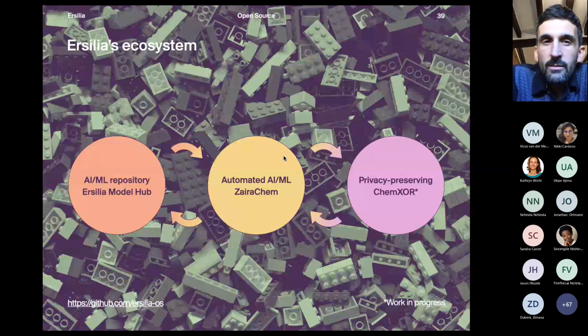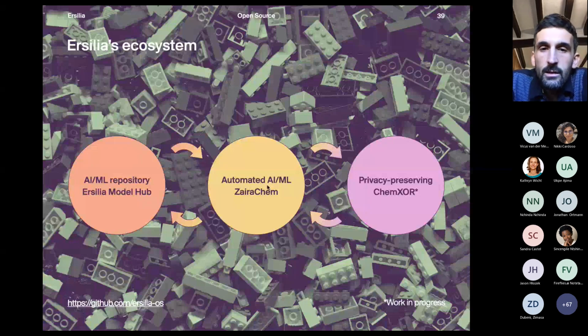So our ecosystem at Ersilia has three main components. On the left, you can see the Ersilia Model Hub. That's our main asset. The Ersilia Model Hub is a repository of pre-trained, ready-to-use machine learning models that researchers can use, hopefully easily, in their daily tasks.